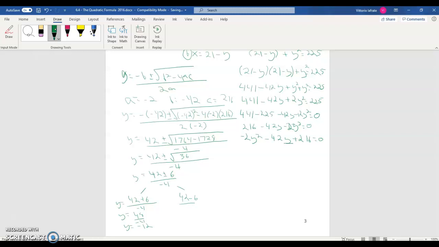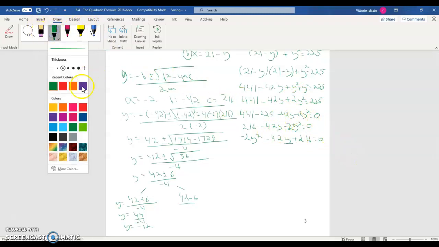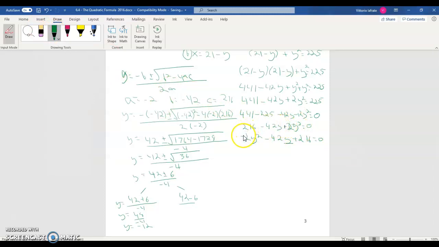I don't know why I put -2y here. So let's go back and fix that, because it looks like my y should be positive y. So positive 2y. I made a mistake there, so it's positive 2y squared. So a is positive 2.